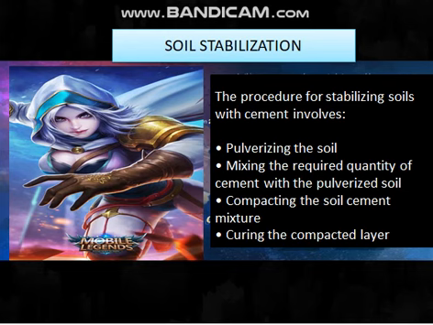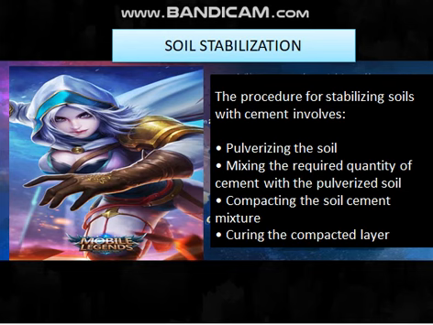The next one is mixing the required quantity of cement with the pulverized soil. So this is the mixing of soil and cement. In the mixing process, guys, laboratory experiments are conducted to determine the amount of cement to be added to the soil, and the minimum quantity of cement required.